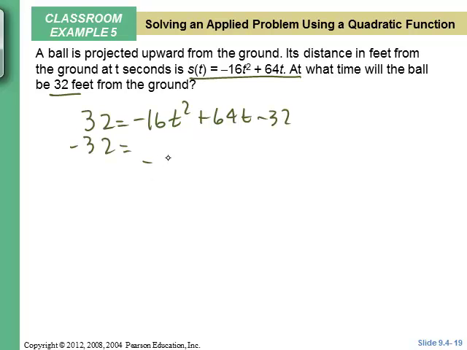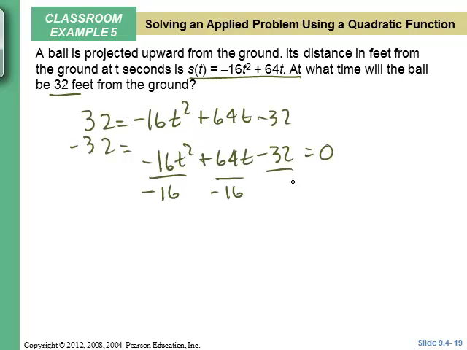You get negative 16t squared plus 64t minus 32 equals 0. Divide everything by negative 16. And you get t squared minus 4t plus 2 equals 0.